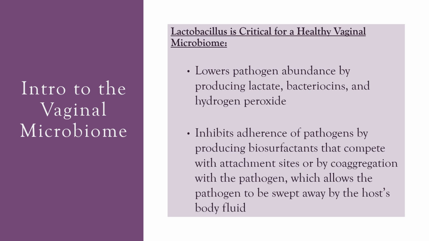In fact, a low abundance of Lactobacillus species allows for an increase in opportunistic and pathogenic bacteria. That includes Gardnerella vaginalis, which is the primary culprit behind bacterial vaginosis, along with Prevotella bivia, Atopobium vaginae, and Mycoplasma hominis.